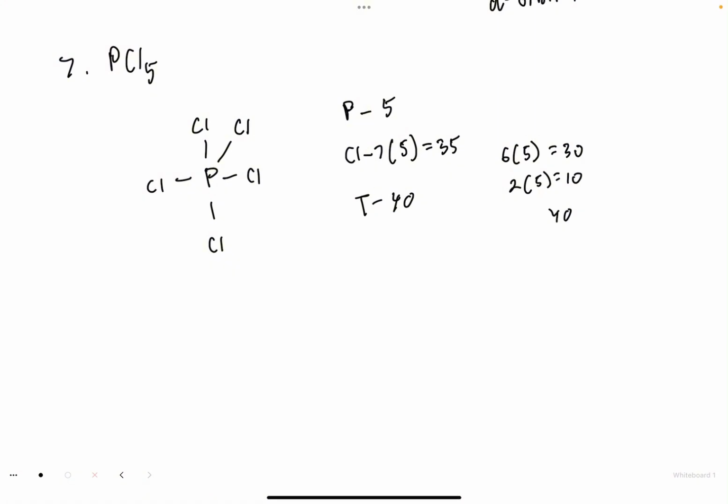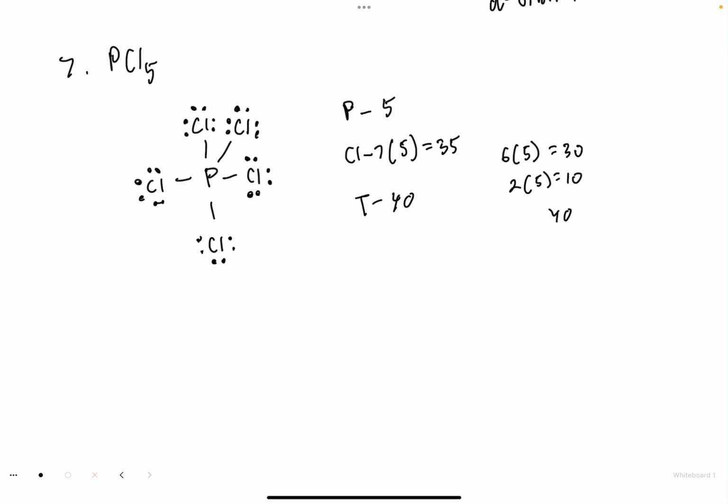You aren't just limited to 8 valence. So that's why this one works completely fine. You just have to make sure you draw in the lone pairs. So yeah, these are some of the weird things about Lewis structures, but it gets repetitive in a sense because you're doing the same thing.